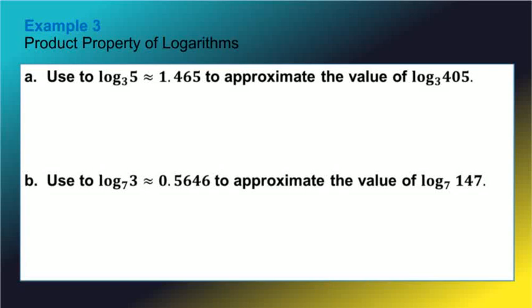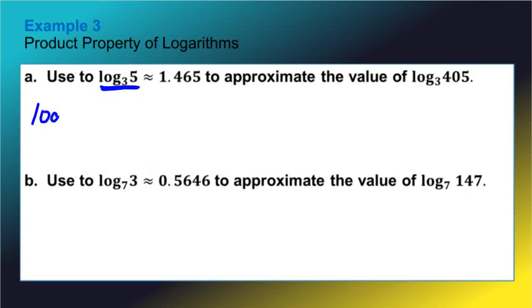So let's look at an example here. It says use log base 3 of 5 to be about 1.465 to approximate the value of log base 3 of 405. So the first thing I need to do is rewrite log base 3 of 405, and I need to have a log base 3 of 5 here.